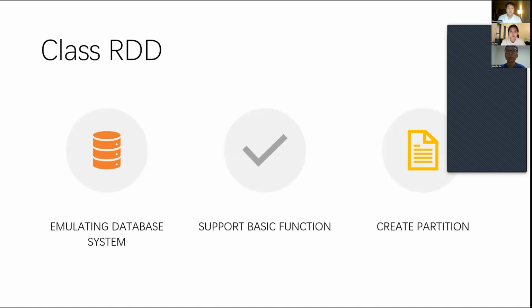we first create an RDD class, which we aim to emulate the database system, and it supports 19 basic functions, which contain the basic math functions like minimum, maximum, sum, or average, and also some of the most important functions in the database system like map, filter, and reduce.